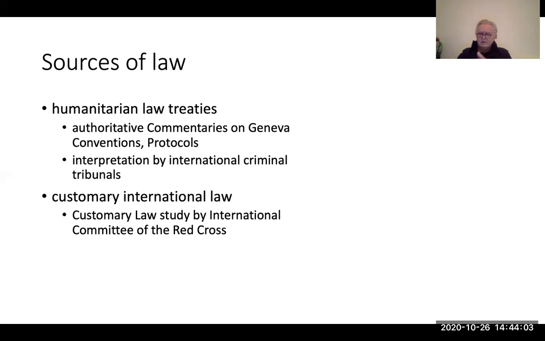I think there are 160 distinct rules that it identifies as being rules of what are called customary international law, and there's a demonstration of it. Some of it is controversial, most of it is not. And those books, the Customary Law Study, is also available for downloading on the website of the International Committee of the Red Cross. I have in my laptop all of this stuff that I've downloaded, and you can do keyword searches. It's a fantastic resource.